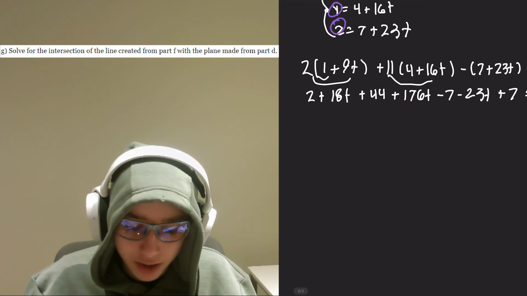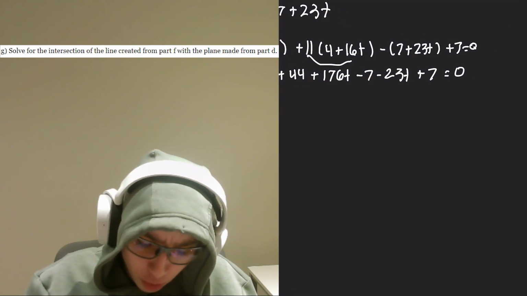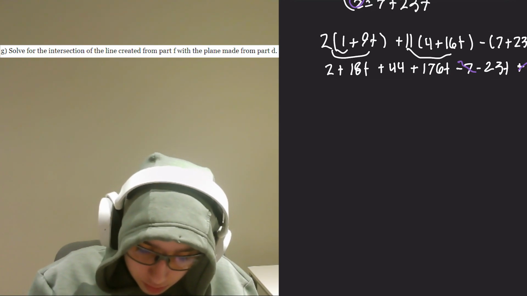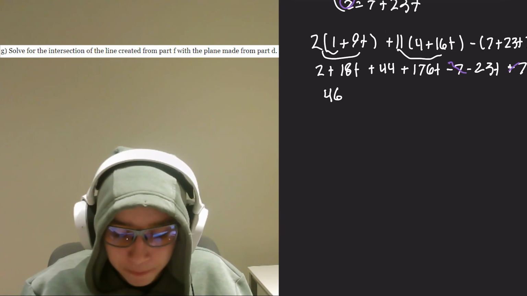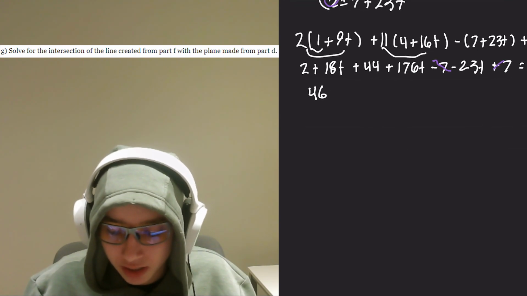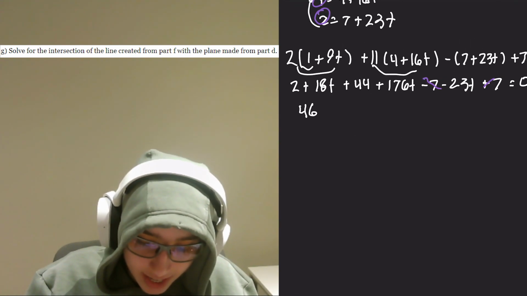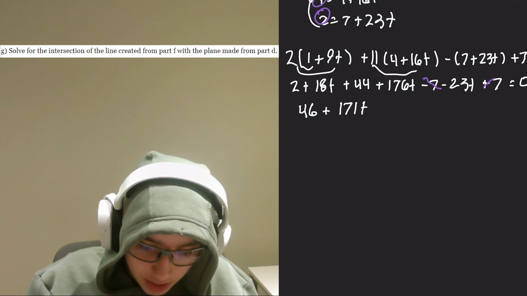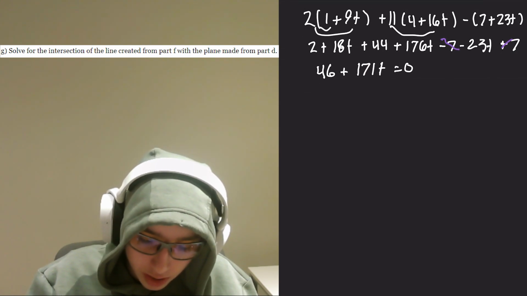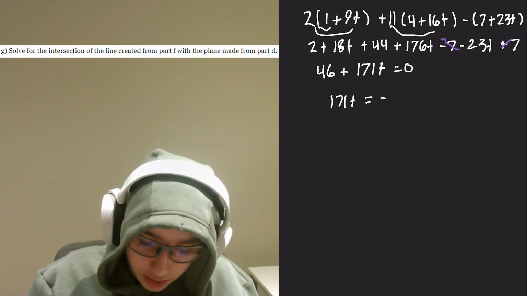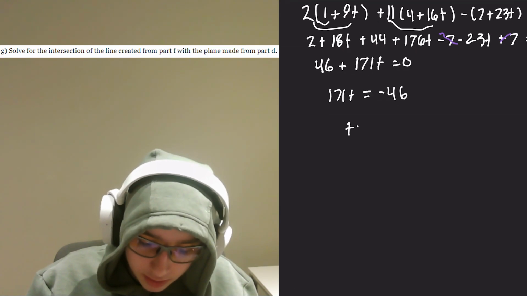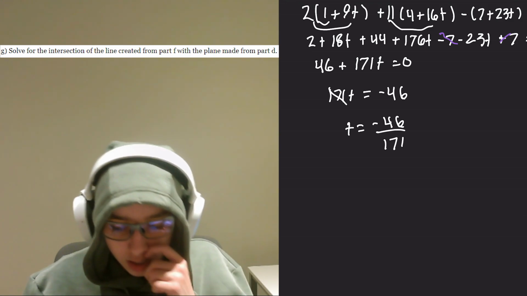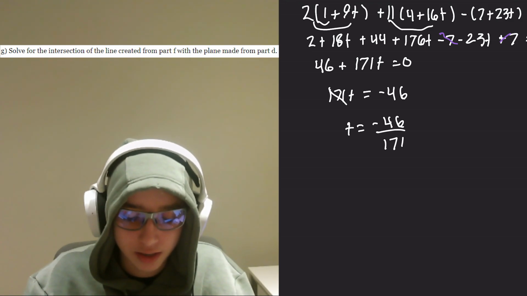Now we're going to combine our like terms, but before we do that, we can quickly cancel out this negative 7 and positive 7, which leaves us with 44 plus 2 gives us 46, and by adding 18t plus 176t minus 23t, that ends up giving us 171t. So we'll do 46 plus 171t is equal to 0. And when we isolate for t, we get 171t is equal to negative 46, or t is equal to negative 46 over 171.